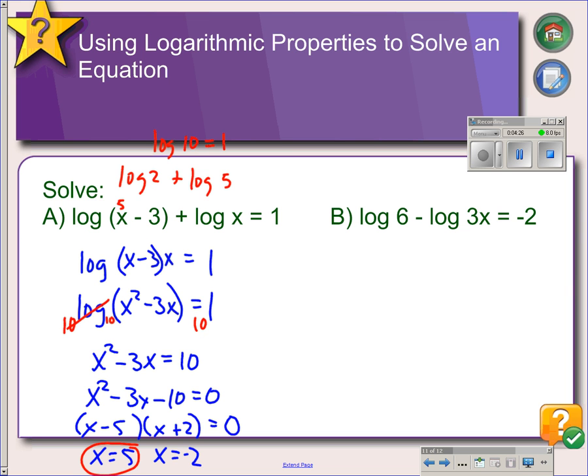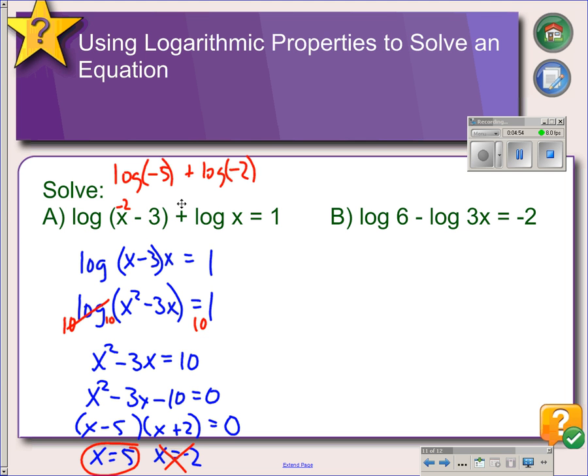So this first solution is good. If we put a negative 2 in here, we get log of negative 5 and log of negative 2. If you check with your calculator, you will find out that you can't take the log of a negative number. Log of negative 5 is an error. So the negative 2 here is an extraneous solution.